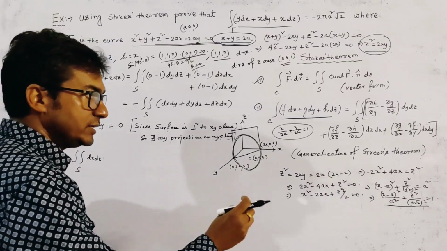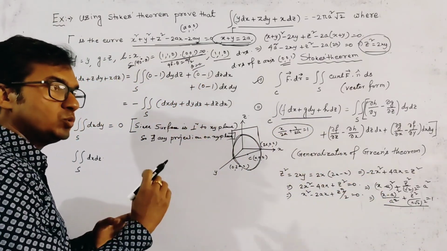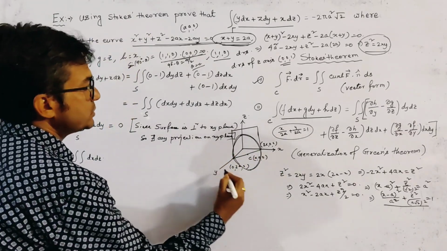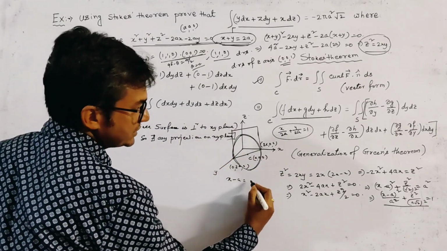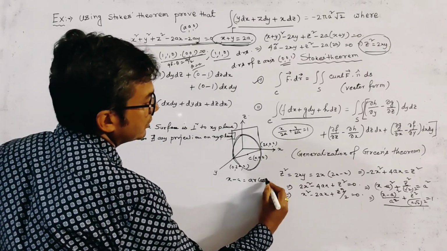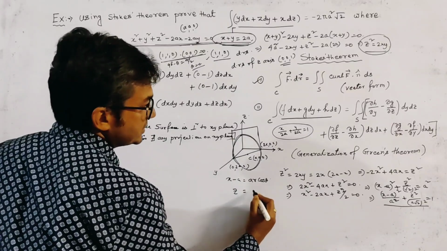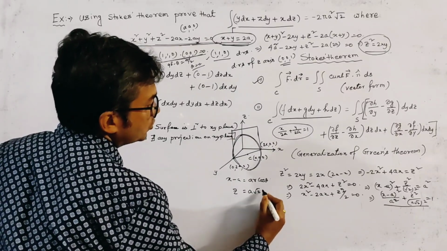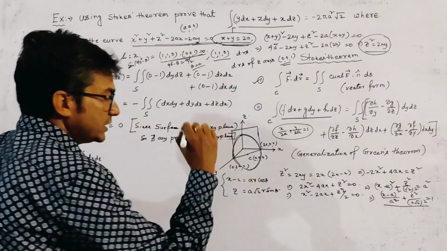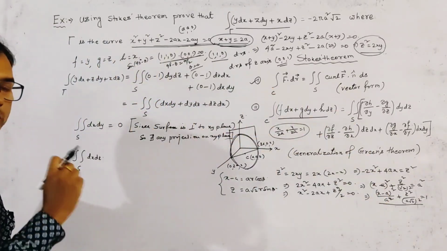Now to convert this ellipse into polar coordinates, how to convert it? By putting x minus a equal to a r cos theta, and z equal to a root 2 r sin theta. This is the transformation from ellipse to polar coordinates.